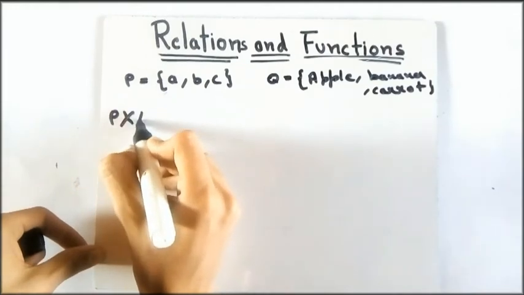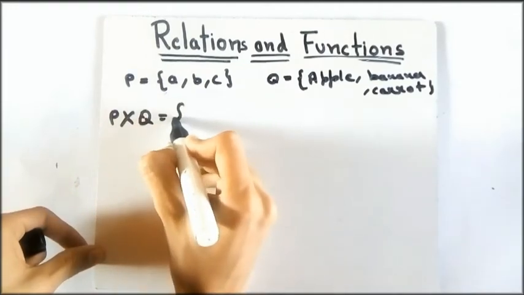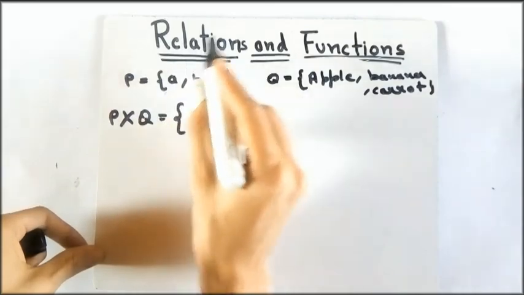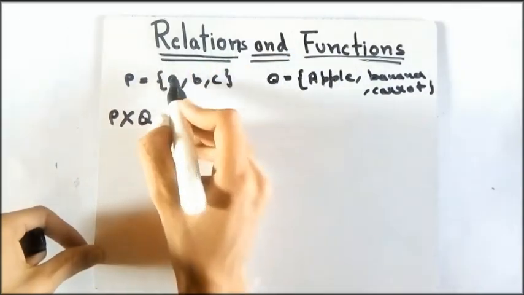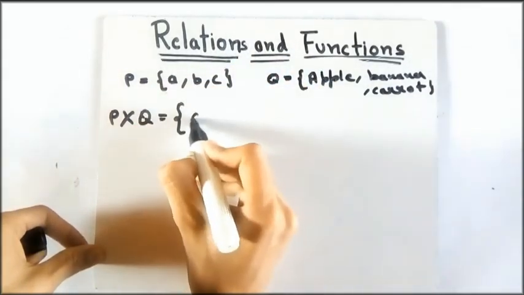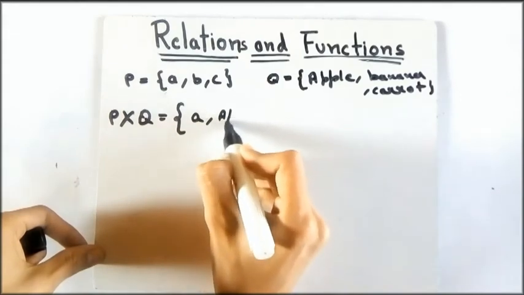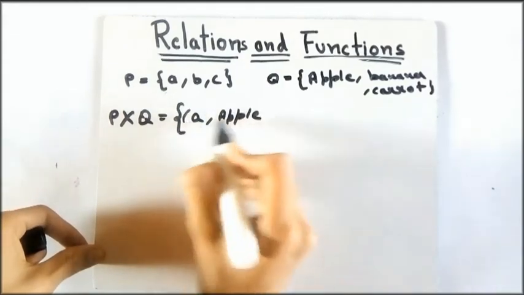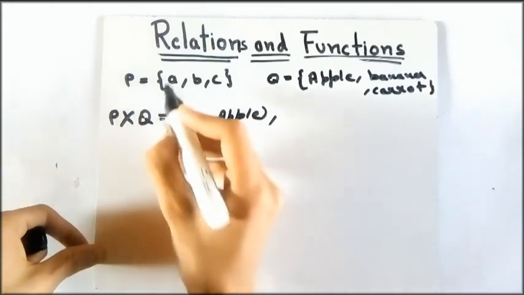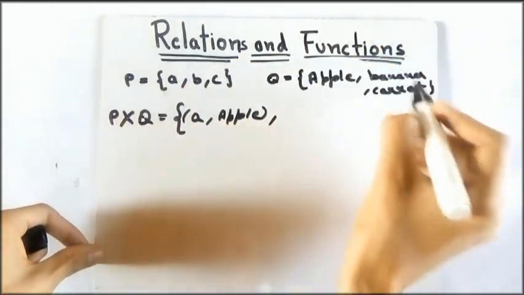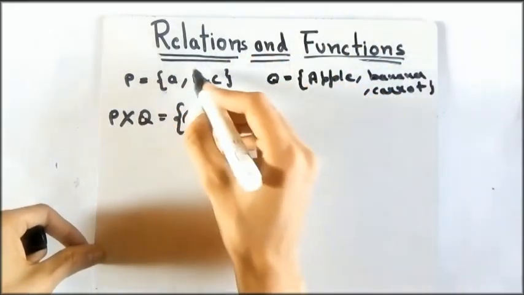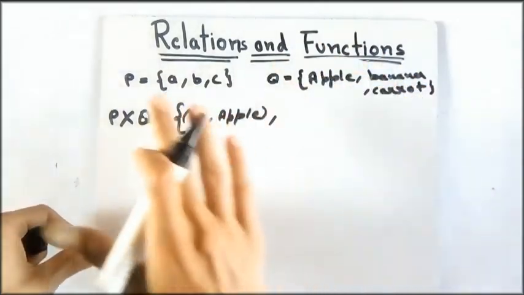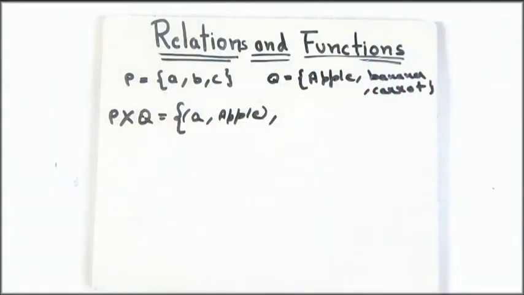Here, this becomes this multiplied by this. So A comma apple, A comma banana, and A comma carrot, and this then with this and then with this. This is a Cartesian product.